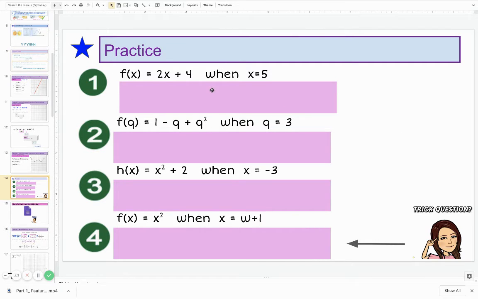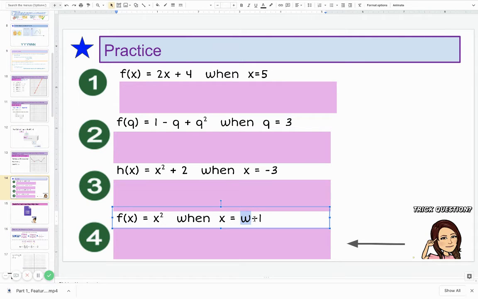Here are some practice problems that you're going to work on. They're pretty self-explanatory. I'm just going to look at this little trick question here. Find f of x. F of x is equal to x squared when x is equal to w plus 1.